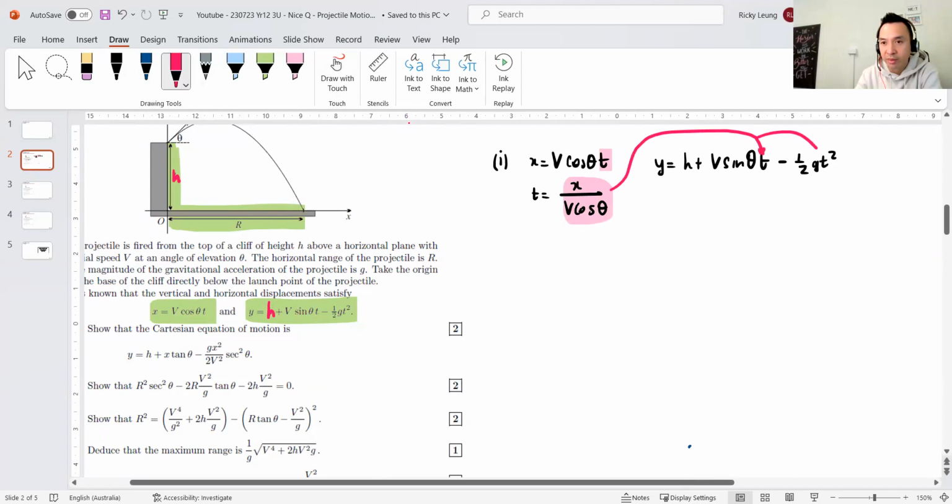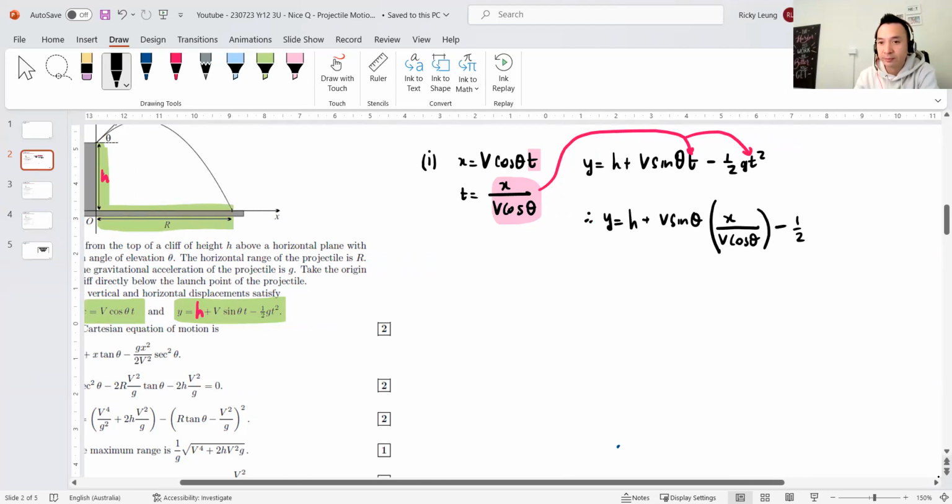Therefore y equals h plus v sine theta times x over v cos theta, minus a half g, x over v cos theta, squared.